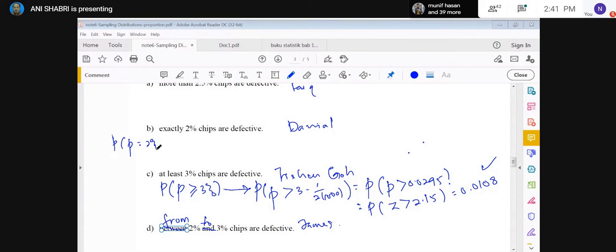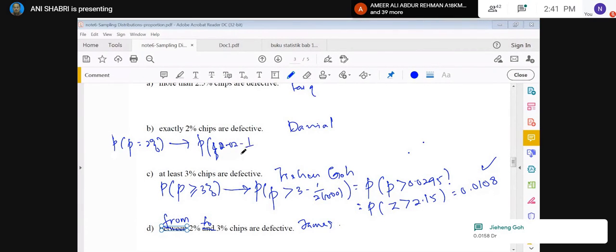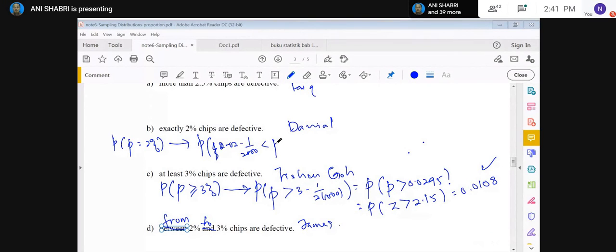For this one, P, 2 minus 0.02 minus 1 bagi, it is equal P. Salah ni siapa ni? Daniel cek dia. Saya baru perasan. Dia tu 2% yang awak buat tu bukan 2% kan? 20%.